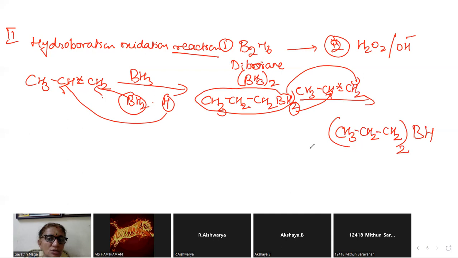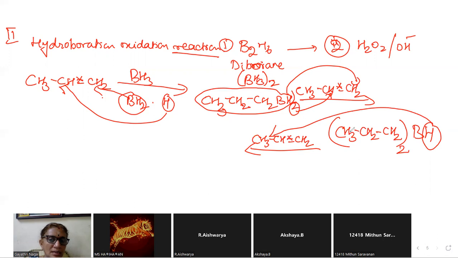Now third step, what do you do? You take one more alkene. Now you remove one more H, put it here, remove the double bond, and this part you connect here.